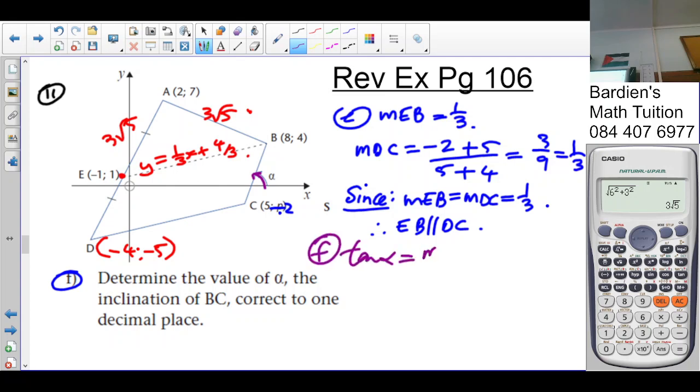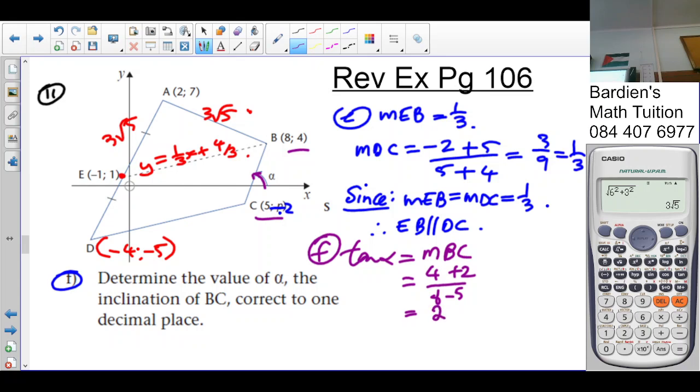Tan of alpha is equal to the gradient of BC. Do I have the gradient of BC? Did I work out the gradient of BC already? No. So the gradient of BC is change in y over change in x. So it's 4 minus minus 2 over 8 minus 5. This gives us an answer of 6 over 3, which is 2.